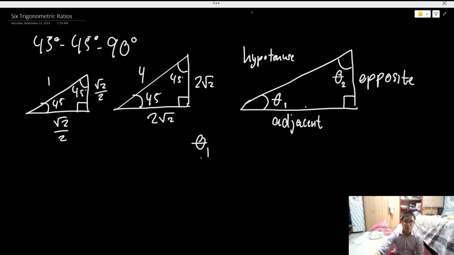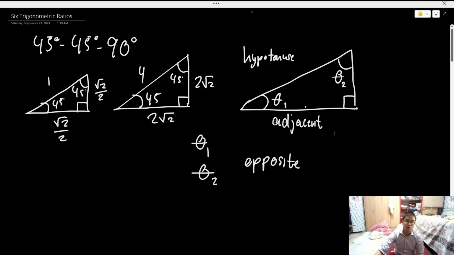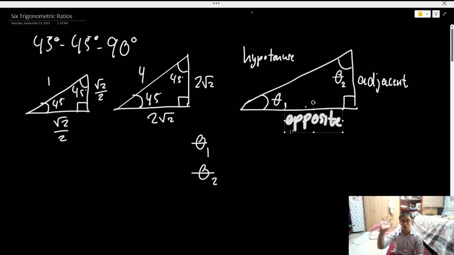Now, what if you're referring to angle 2? Since angle 2 is here, this side is not opposite. Rather, this is your adjacent. And this one is your opposite. So far, so good.